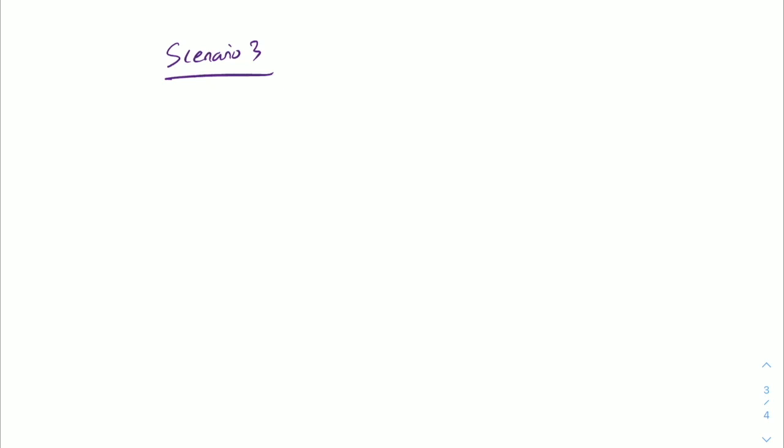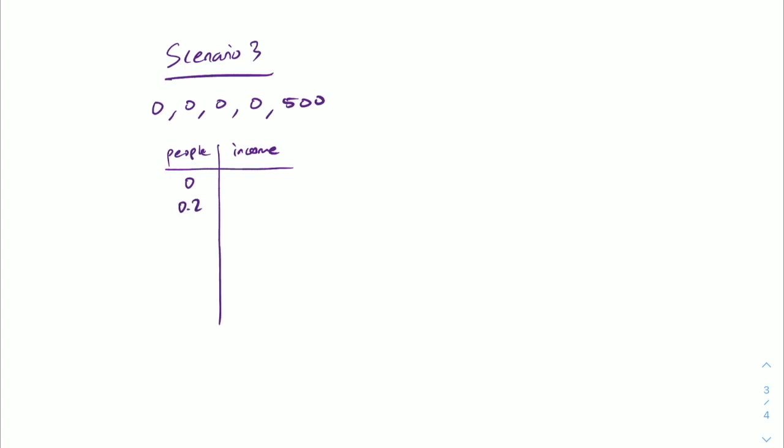And here we have 4 people making no money, and then the last person making $500,000. So if we do the income versus people chart here, we'll be getting 20% of the people each step as we go from left to right, and we'll be gaining 0% of the income for the first 4 steps.